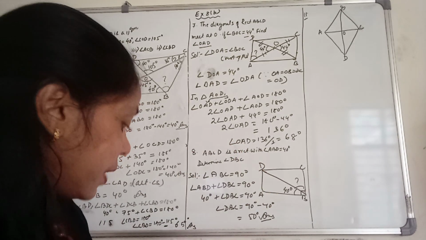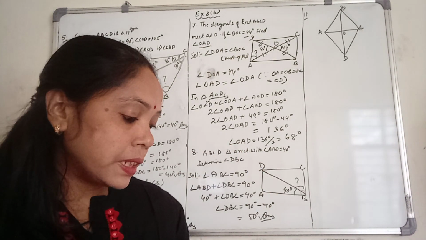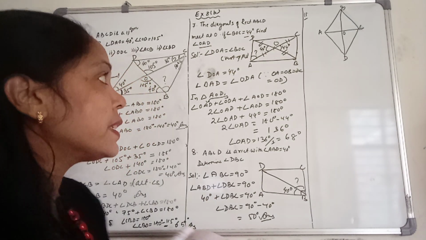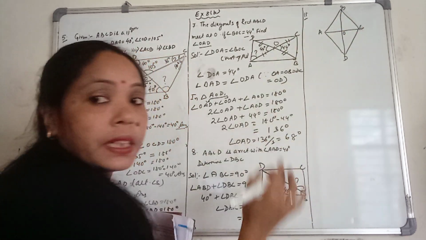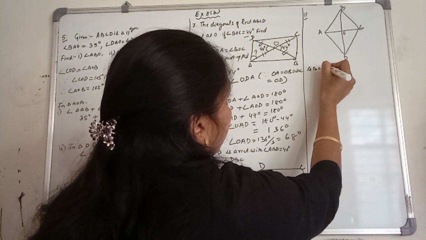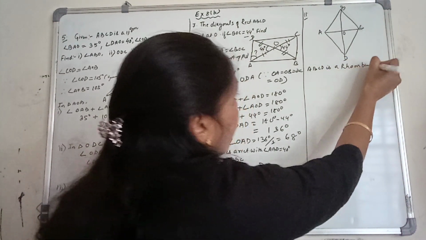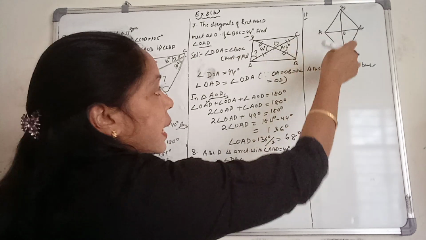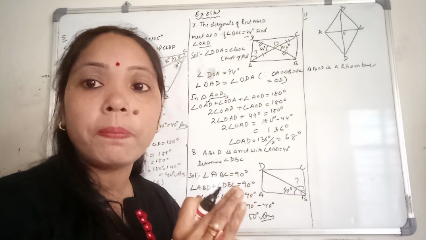Now question number 11. The lengths of the diagonals of a rhombus are 24 centimeter and 18 centimeter. One rhombus is given, I have already drawn it here. ABCD is a rhombus. According to the property of the rhombus, the diagonals bisect each other and are mutually perpendicular.